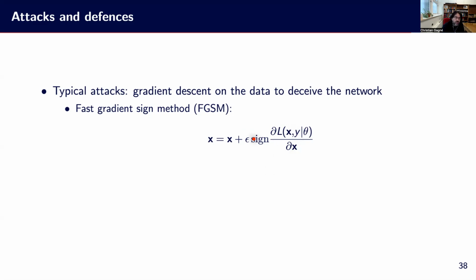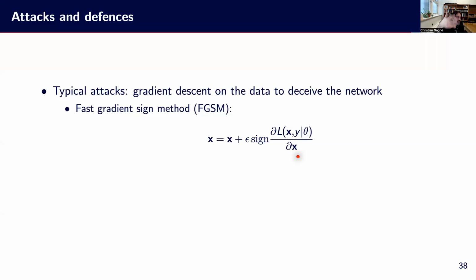And we just use the sign. We don't do a fine step, but we do a step that is modulated by the sign times some epsilon that can be really small. So we apply a really small modification in the direction of the gradient that seems to be modifying and affecting the loss as much as possible. So this gives us the directions where the decisions of the neural network will be modified the most.